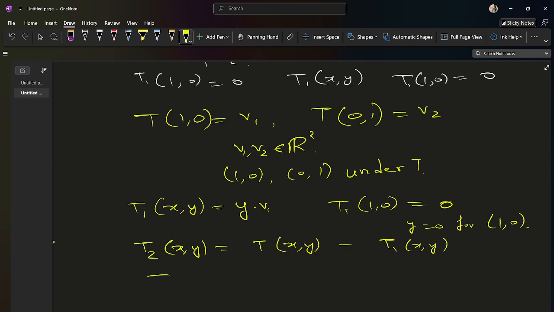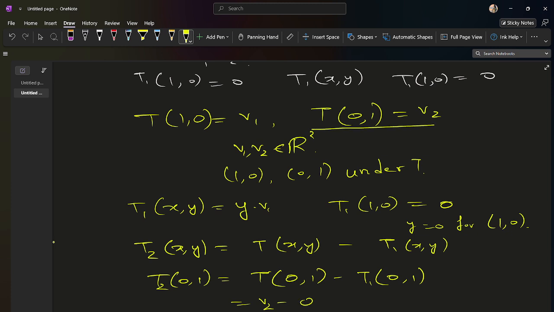This ensures that T2 of (0, 1) is equal to T of (0, 1) minus T1 of (0, 1), that will be v2 minus 0. As we wrote that T of (0, 1) is equal to v2, we are using it. So v2 minus 0 will be v2.